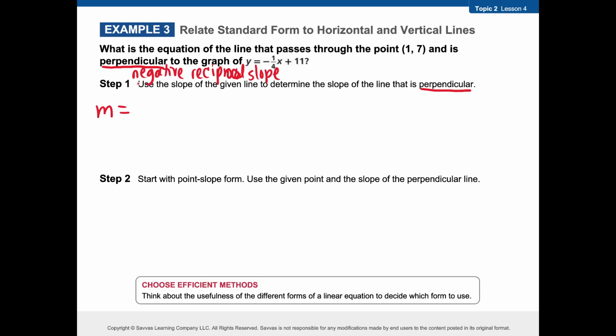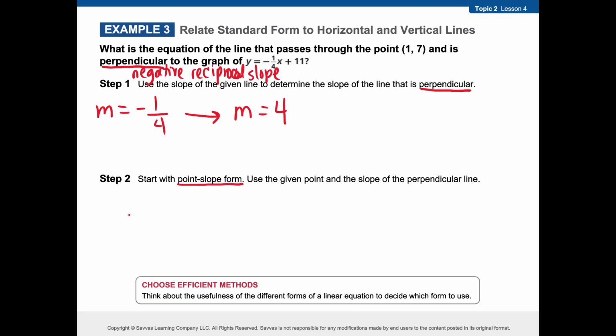So the slope of my equation that they're giving me, I'll make it positive, and I'll do the reciprocal, which would be 4 over 1, which would be 4.